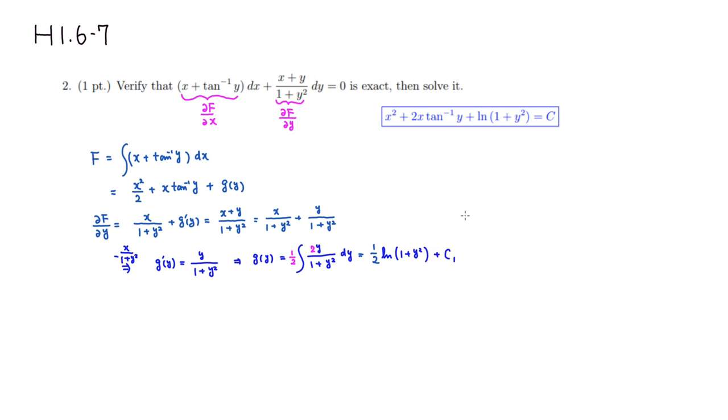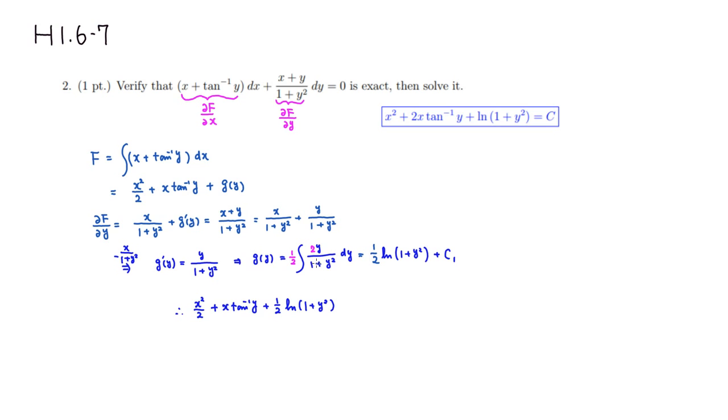All right, but here's the solution. This is an implicit solution. So we have x squared over 2, plus x arctangent of y, and the g of y came out to be 1/2 natural log of 1 plus y squared.